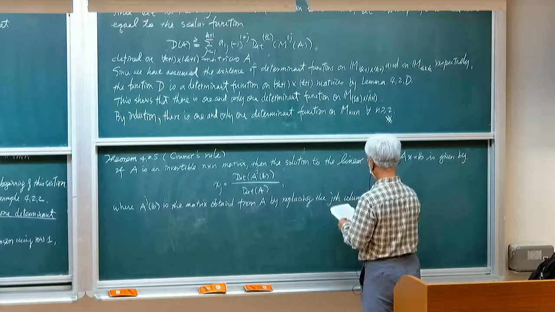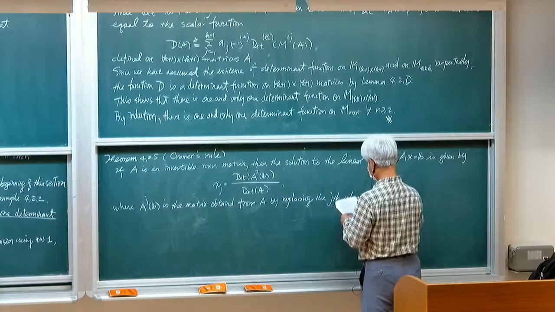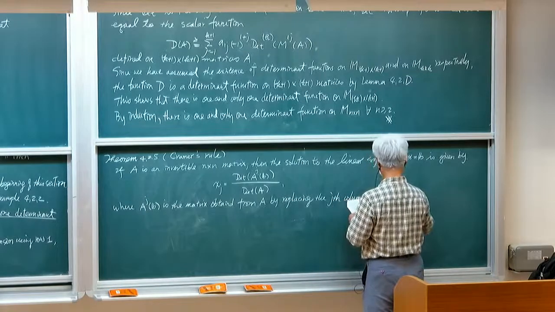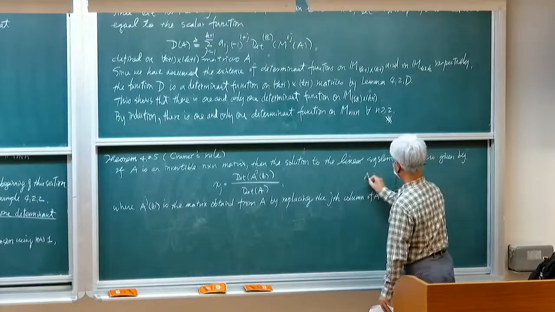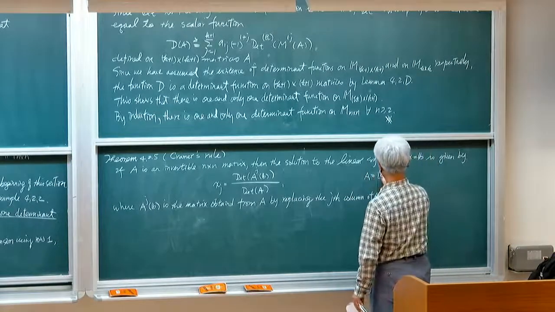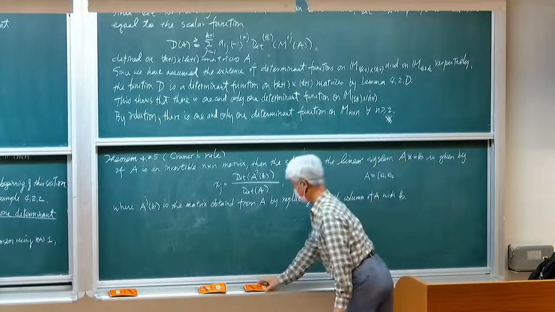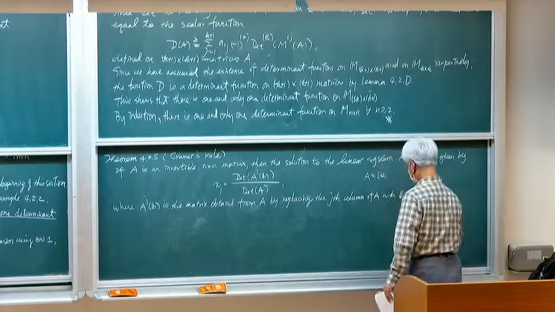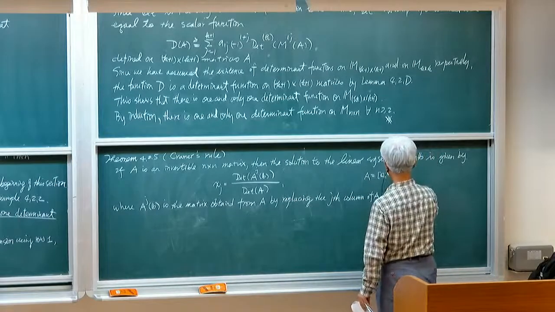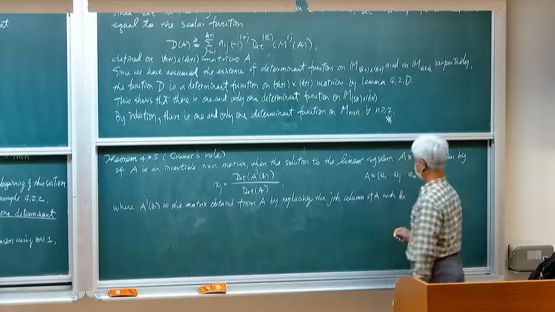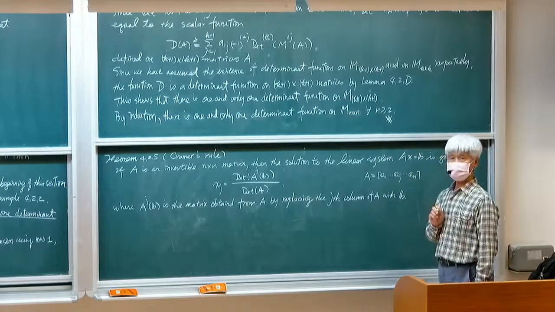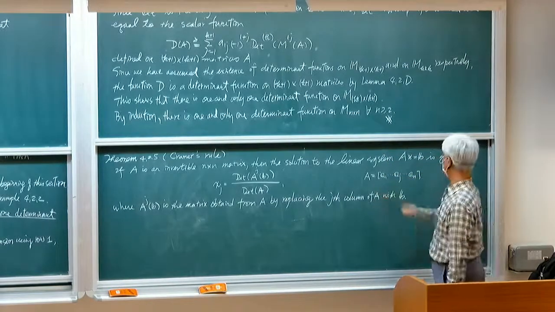By replacing the jth column of A with B. We know A has n columns, from 1 to j to n.